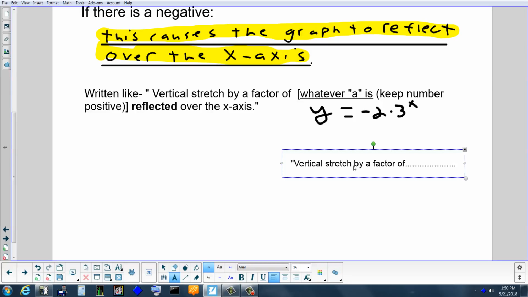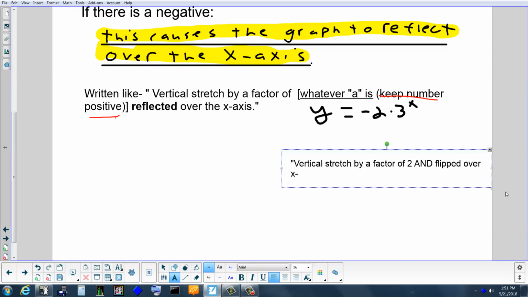Negative 2. So vertical stretch by a factor of 2, keeping it positive. And because it's negative, this one has 2 parts. Because it's negative, what's happening? It flips. Good. And flipped over what axis?